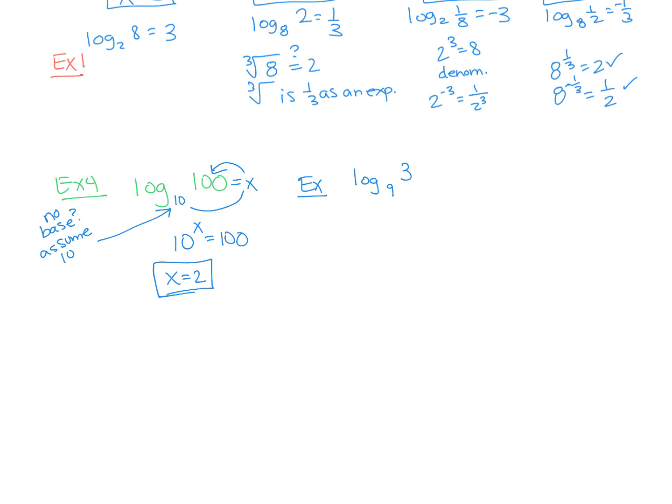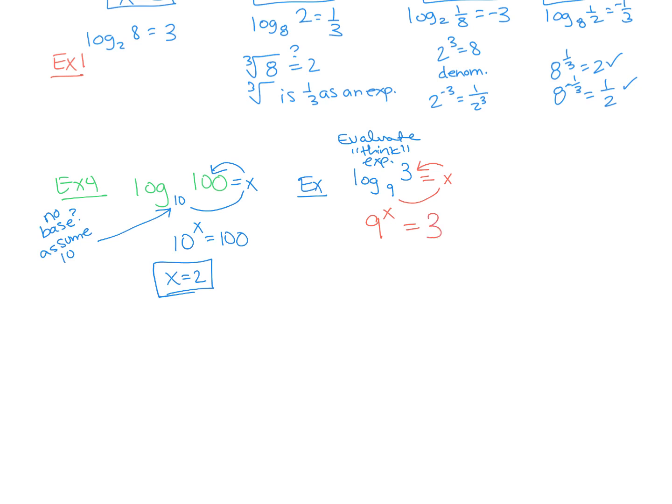So if the directions say to evaluate, you are trying to think of the exponent that is the answer. So the backward C is a way of helping me think of this mentally. I'm going to do my backward C. I'm trying to think of the exponent I raised the base of 9 to get the answer of 3.